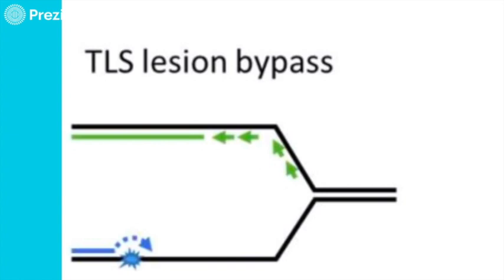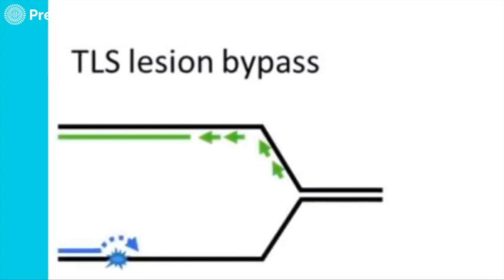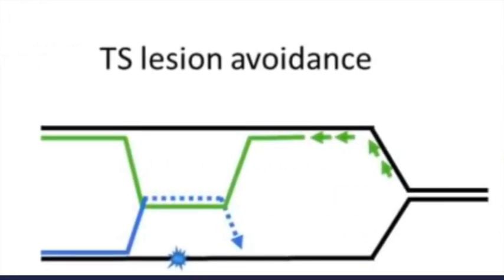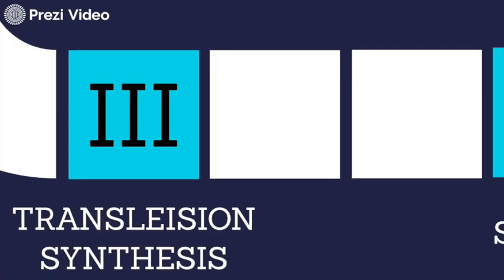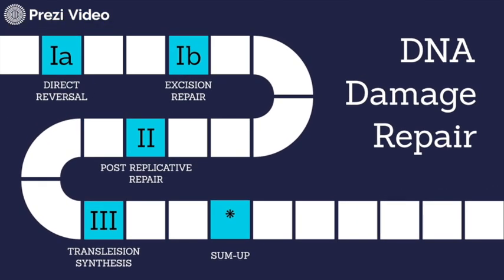You can either have a lesion bypass where you simply avoid copying the damaged part of the template, or you copy the damaged part of the template from your sister, which is being copied on the other strand of the same DNA. So that is translesion avoidance or translesion bypass in that kind of synthesis.